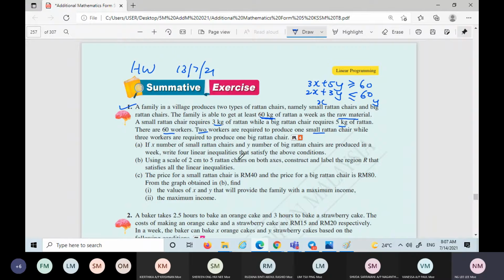In a day. A week? No, they didn't say. 60 workers, in a week.